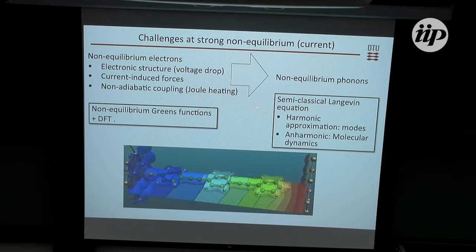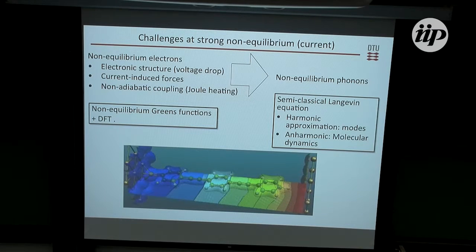This equation you can use in the harmonic approximation. That's the derivation we saw from Abhishek Dhar yesterday, and I'm also going to lean on that. But you could also push it to the anharmonic approximation and just use the anharmonic forces in the Langevin equation for the dynamics, if the anharmonicity is small.